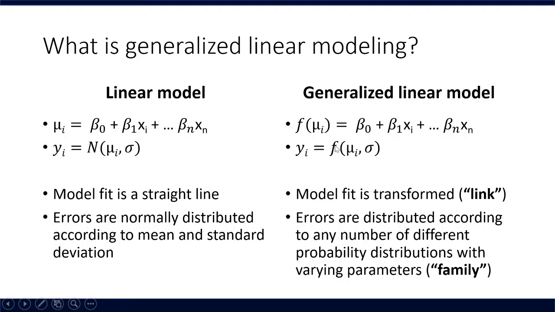And if the function on the probability distribution is a normal distribution, this generalized linear model becomes a linear model. This is simply a more general formulation of a linear model that allows you to accommodate non-Gaussian probability distributions and model fits that are not necessarily straight lines.